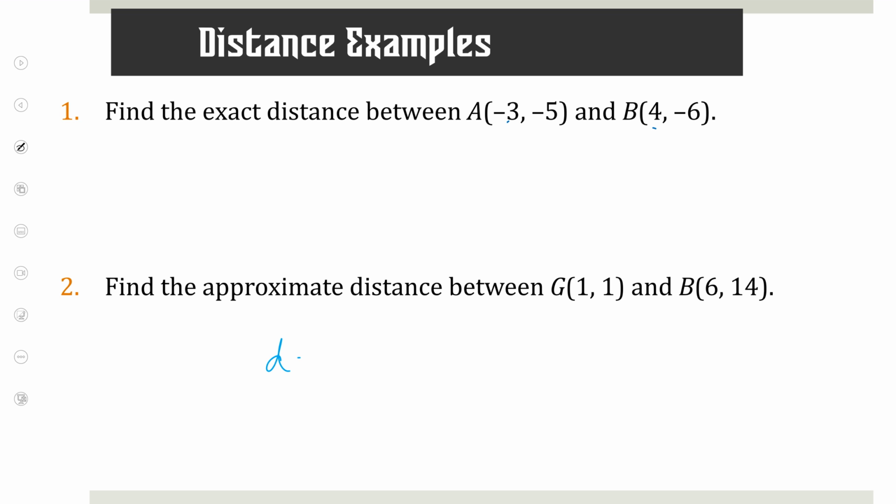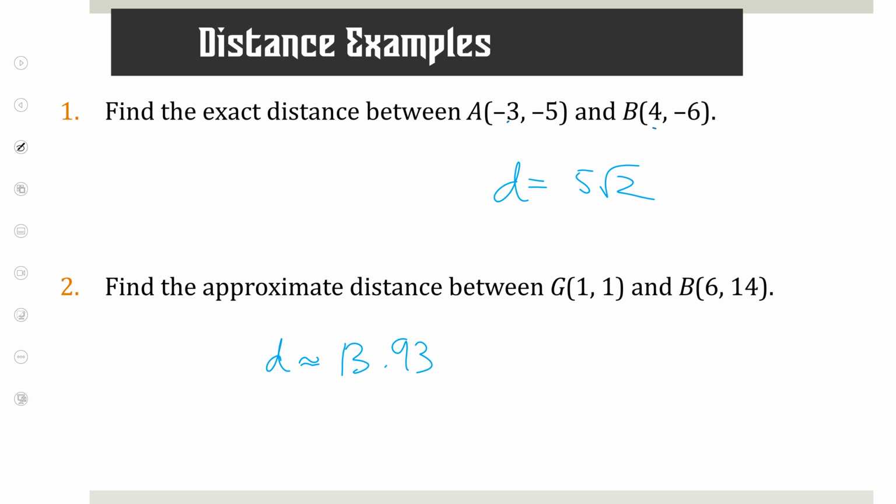Whoops. I just did exactly what I wasn't supposed to do. 13.93? Yes. Yeah, there we go. Okay, whereas this distance is equal to 5 square roots of 2. Exact answer, approximate answer.